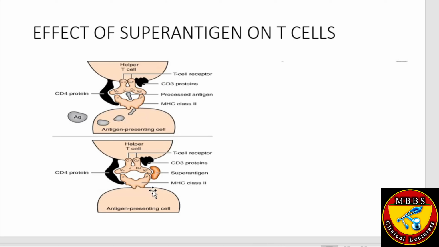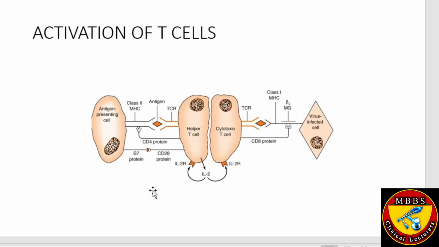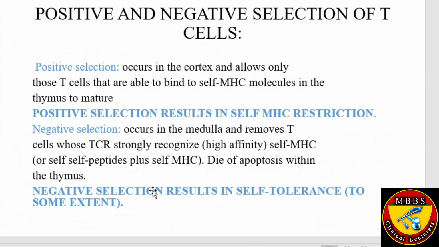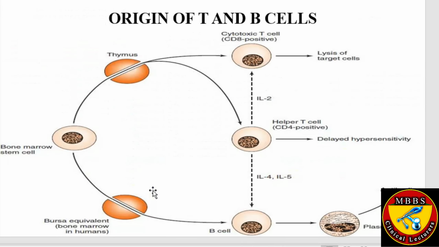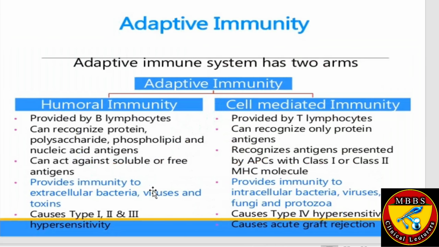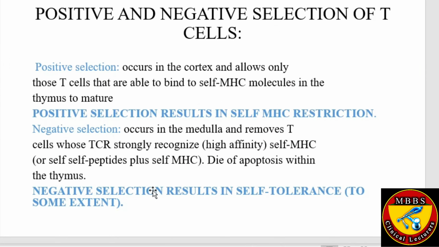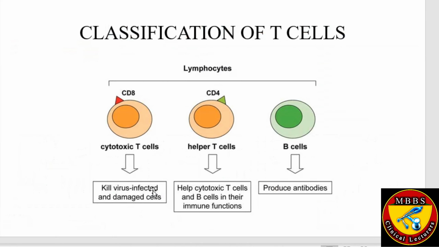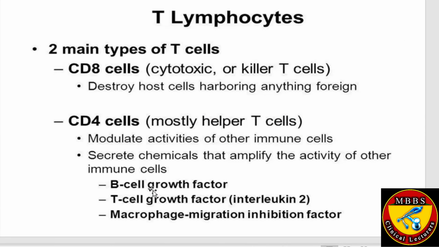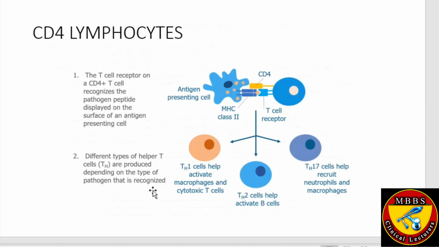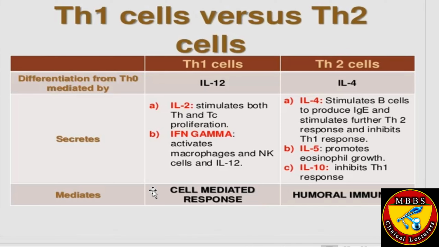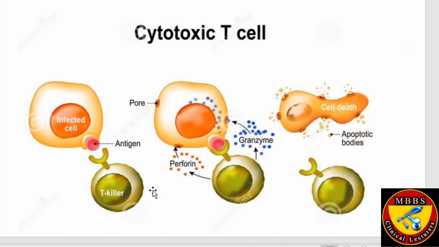So in this lecture, we discussed the definition of adaptive immunity, the origin of the T and B cells, and the thymus as a site of positive and negative selection, the thymus education, and types of T cells, CD4 and CD8, and further subtypes of the CD4 lymphocytes involving Th1, Th2 and Th17, and the main functions of the Th1 versus Th2 cells, and the functions of the cytotoxic T cells.